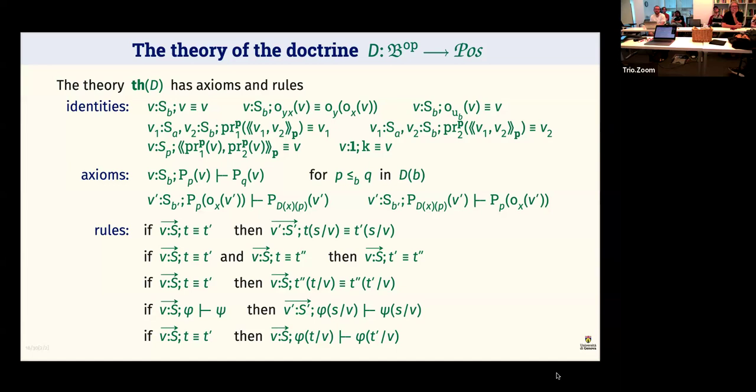But if I know that they are related in the order in the fiber, I want to be able to declare that I can prove the denotation of Q applied to V from the denotation of P applied to V. And finally, I have to take care of substitution.